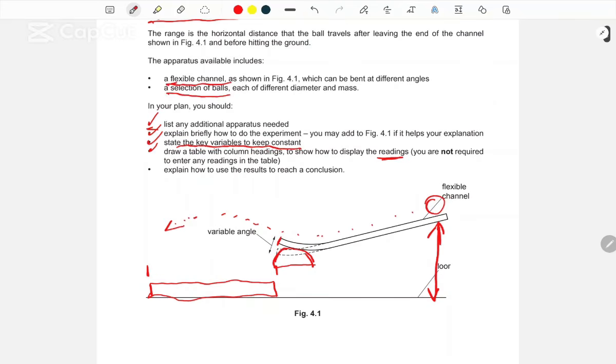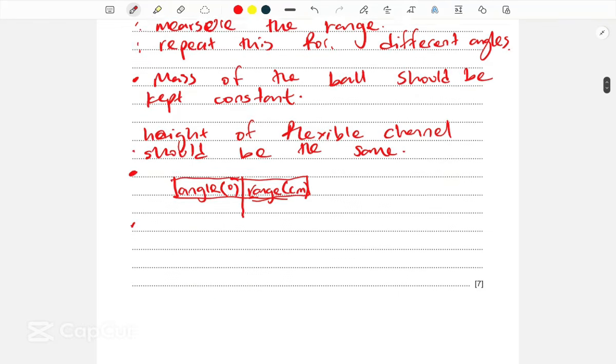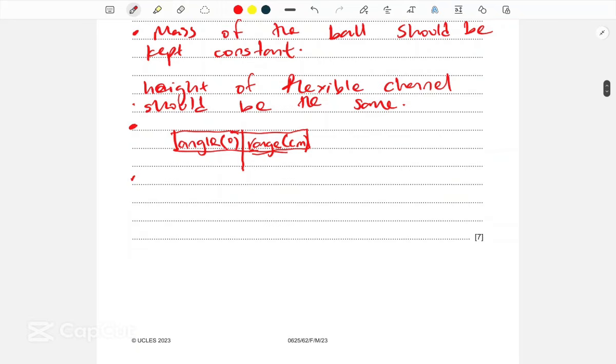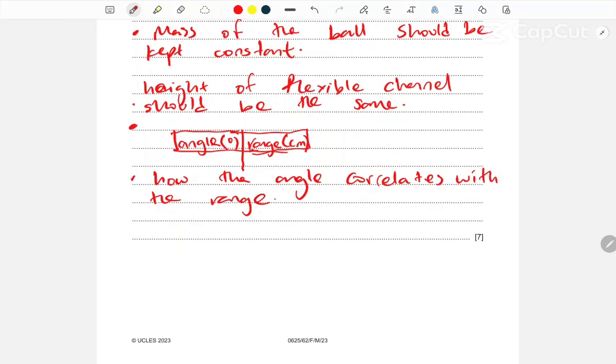So we filled the table. So the last bullet point, explain how to use the results to reach a conclusion. So to reach a conclusion, we should see how the angle correlates with the range, or how the angle changes with the range.